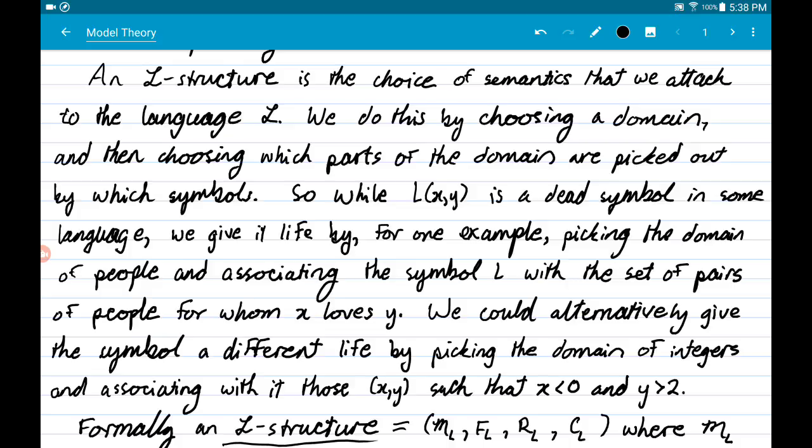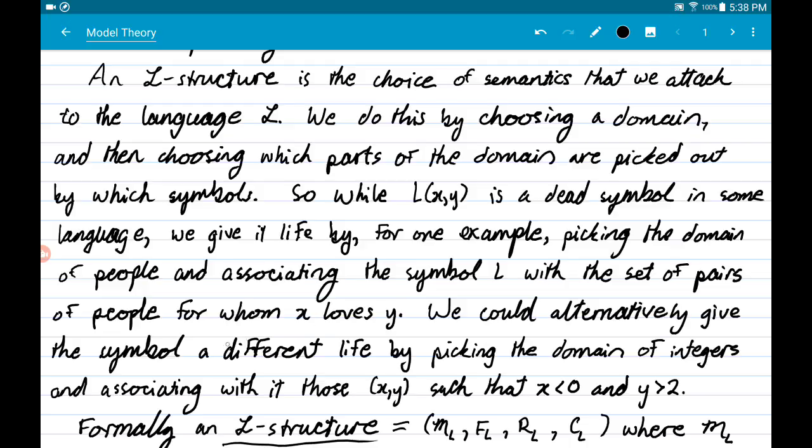To give a little bit of illustration about what this means, if we take L to be a symbol in the language, a two-place relation symbol, this has no meaning syntactically, right? We have not yet attached it to a semantics. But if we choose a domain to associate with this language, and then we also choose a subset of the pairs in the domain, right?